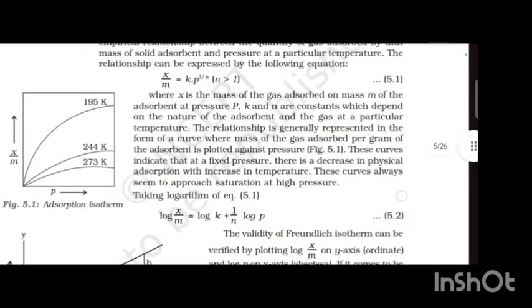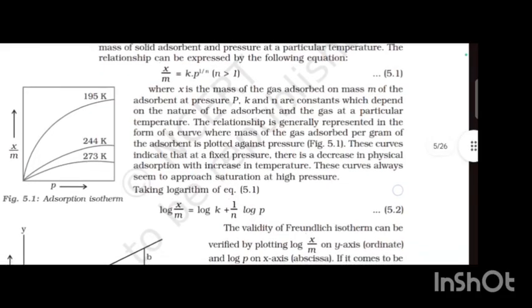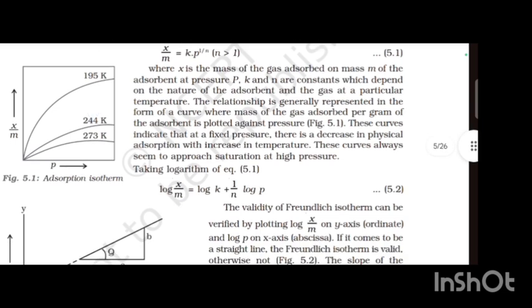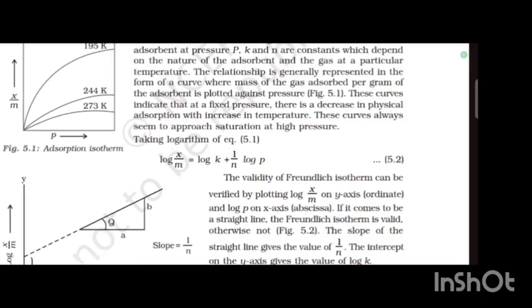The relationship is generally represented in the form of a curve, where mass of the gas adsorbed per gram of the adsorbent is plotted against pressure. Figure 5.1. These curves indicate that at a fixed pressure there is a decrease in physical adsorption with increase in temperature. These curves always seem to approach saturation at high pressure.